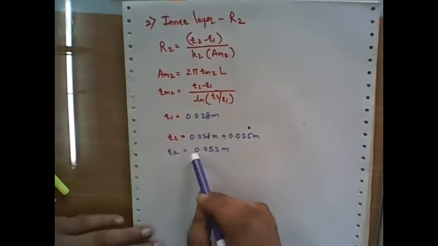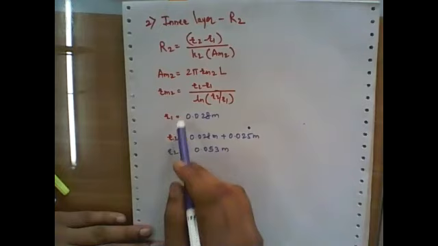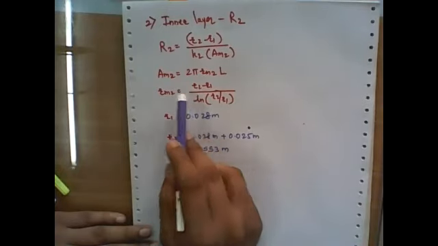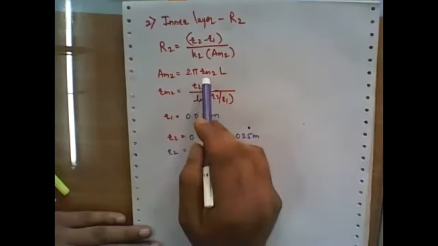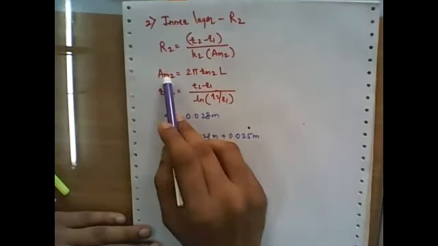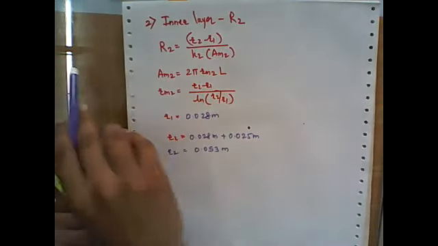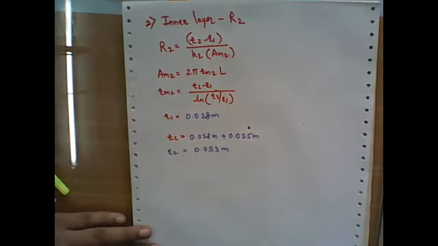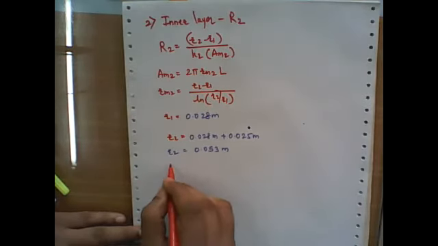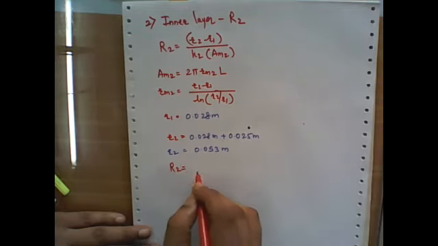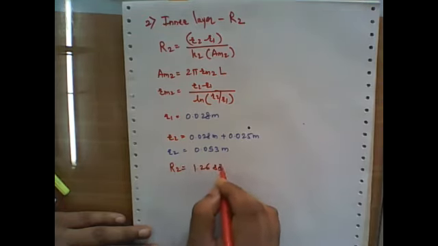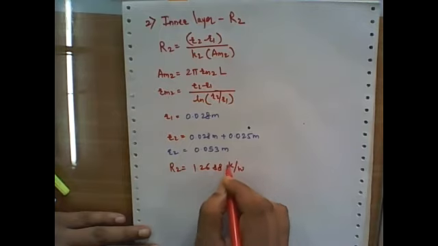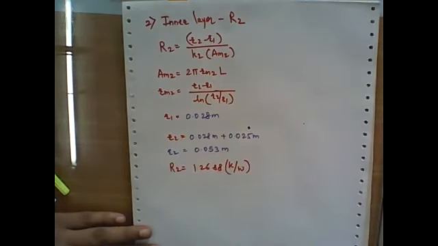On the basis of these r1, r2 values, we can calculate RM2, then AM2, and then capital R2. The value of capital R2 comes to 1.2688 Kelvin per watt. So this is the second thermal resistance.